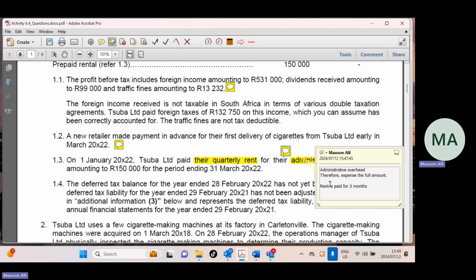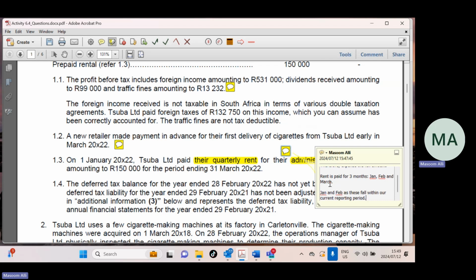Which is basically Jan, Feb, and March, right? But we only need to account for Jan and February because these fall within our financial year. Or rather saying current reporting period. Makes more sense to say it that way.